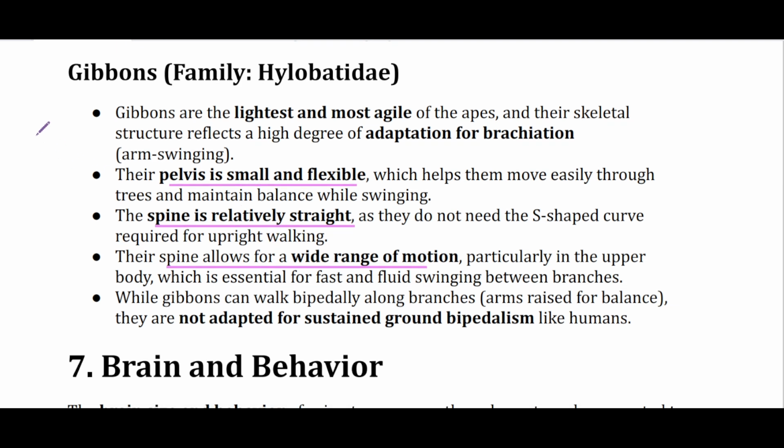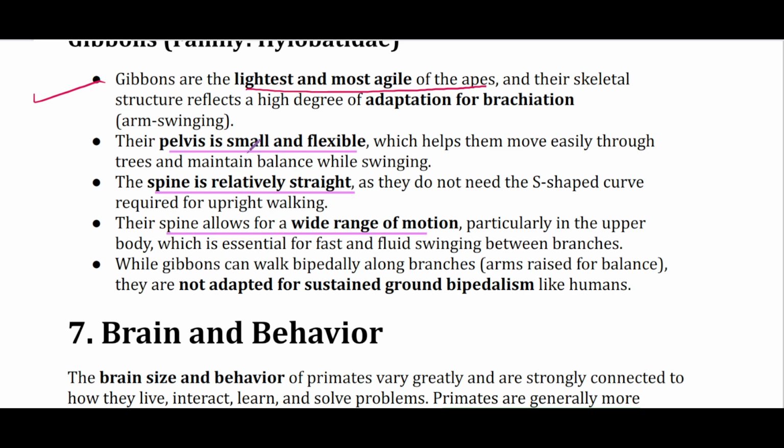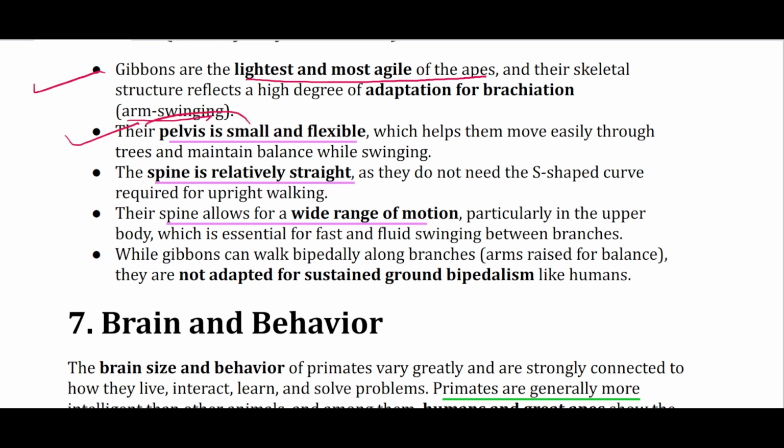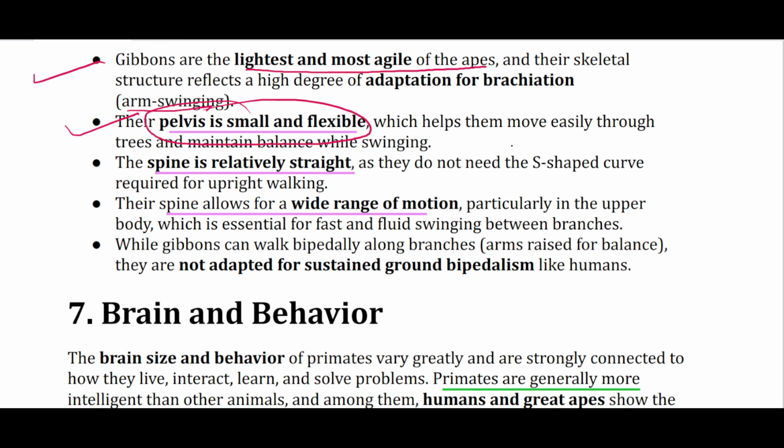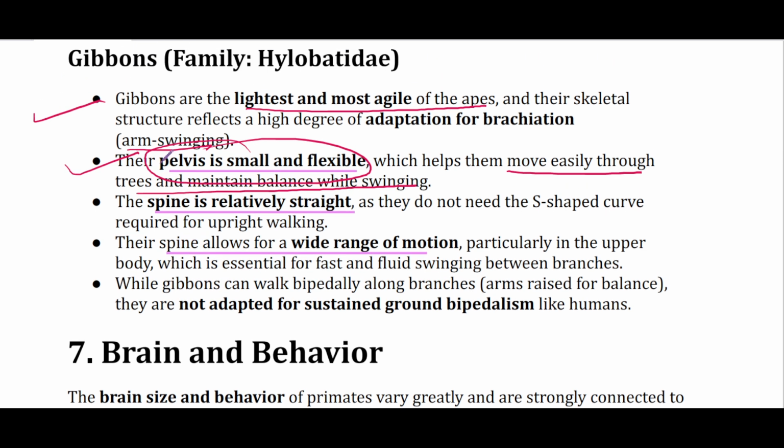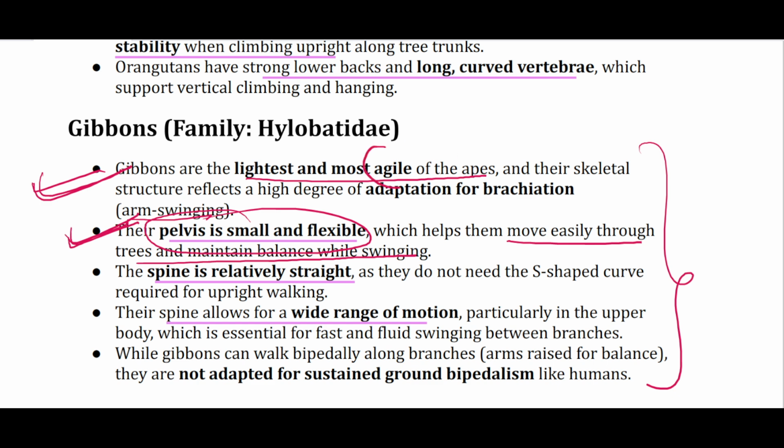Then gibbons. Gibbons are the lightest and most agile of all apes because of their true brachiation and arm swinging. Their pelvis is small and flexible, which helps them move easily through trees and maintain balance while swinging. Since they are acrobatic, the whole skeleton, pelvis, legs, skull features, all of them would display this agility.